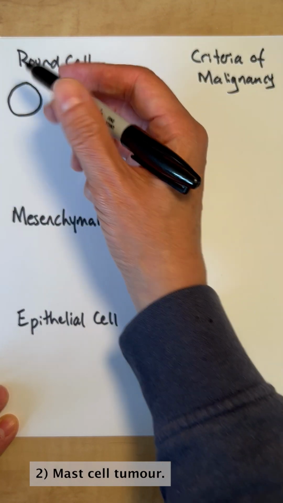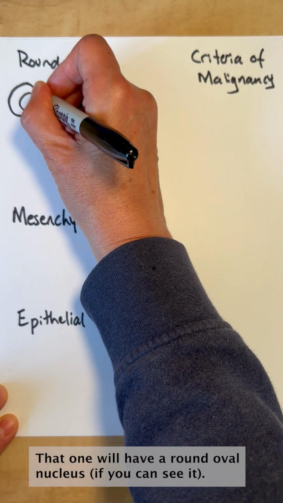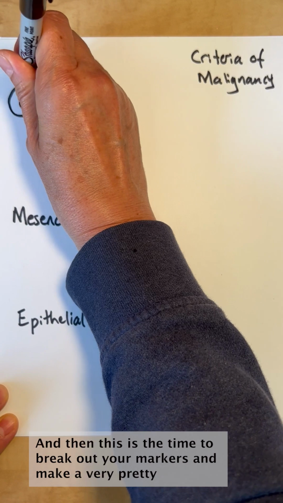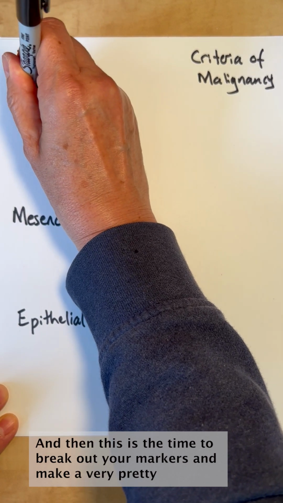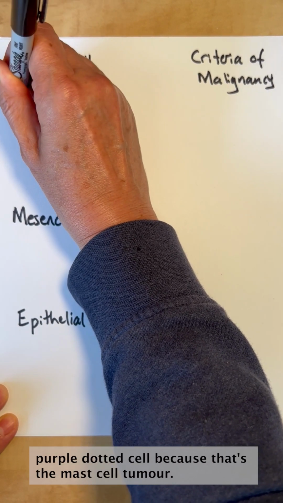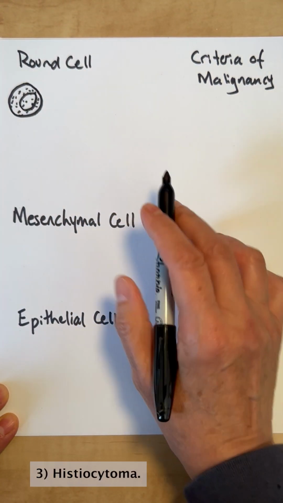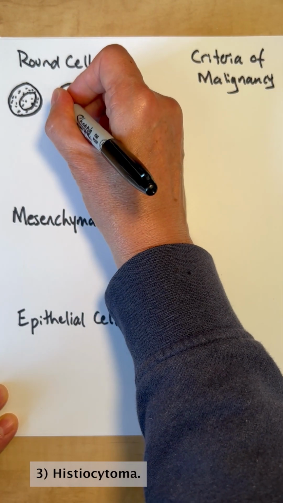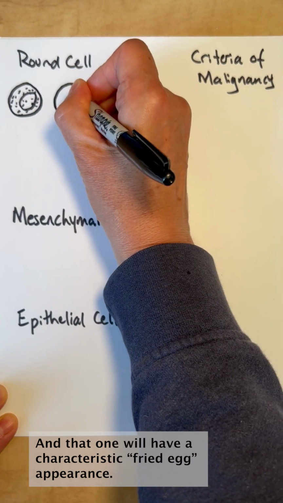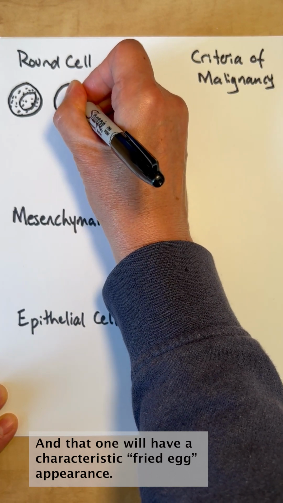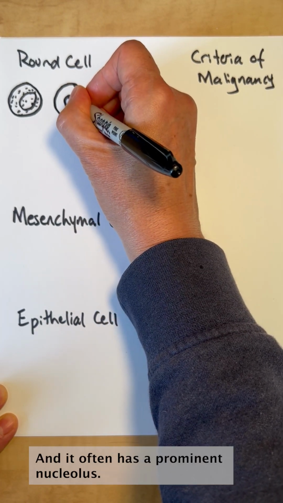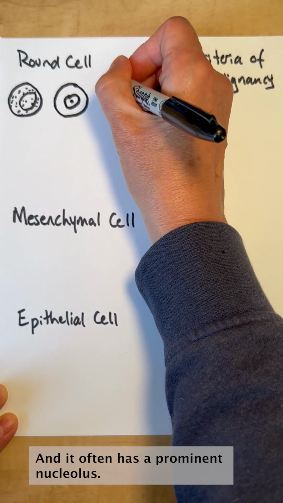Mast cell tumor. That one will have a round oval nucleus, if you can see it, and then this is the time to break out your markers and make a very pretty purple dotted cell, because that's the mast cell tumor. Histiocytoma, and that one will have a characteristic quote and unquote fried egg appearance, and it often has a prominent nucleolus.